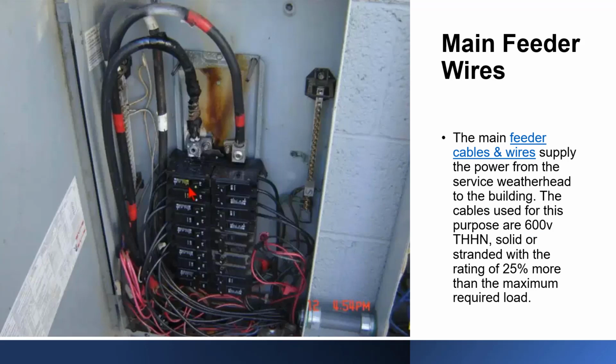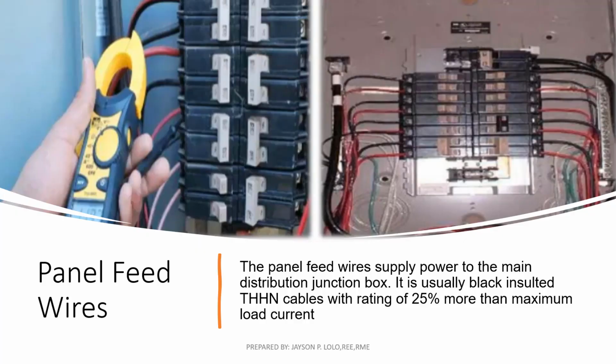Okay, aside from the main feeder wires, we're going to smaller sizes. These are the panel feed wires. As you can see in the image, these are the smaller size wires connected to the circuit breakers. These circuit breakers are considered branch circuits, which we will discuss later on.